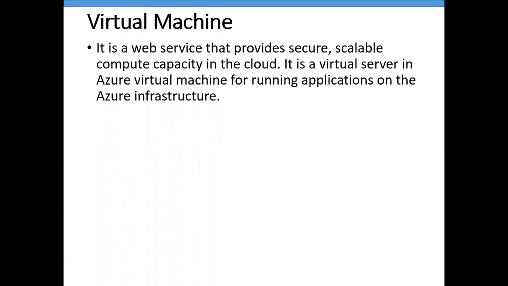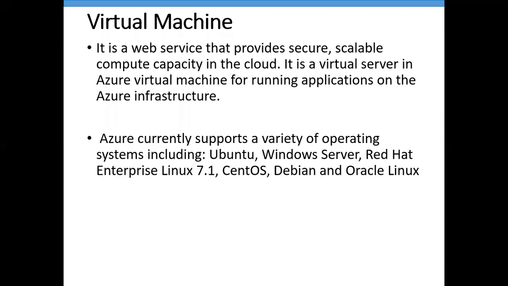In that virtual machine, we can do anything. Whatever you want to do, you want to create a web server, any application, you can do. It supports these types of operating systems: Ubuntu, Windows, Red Hat, CentOS, Debian, Oracle.